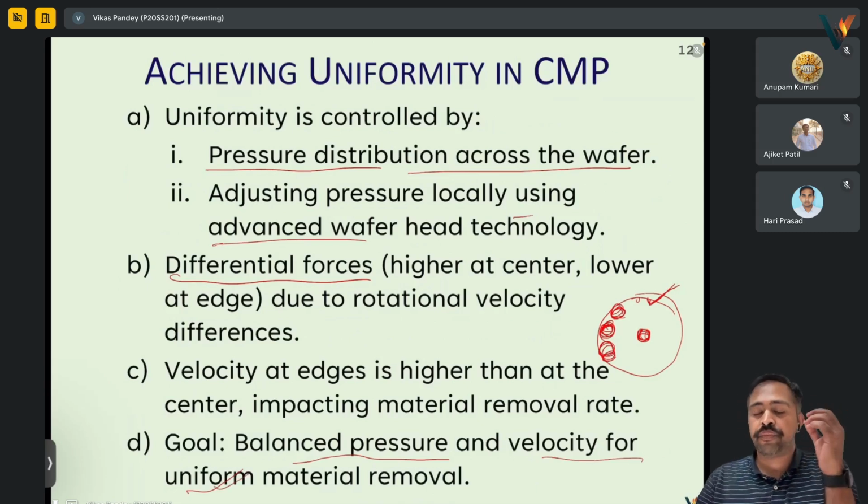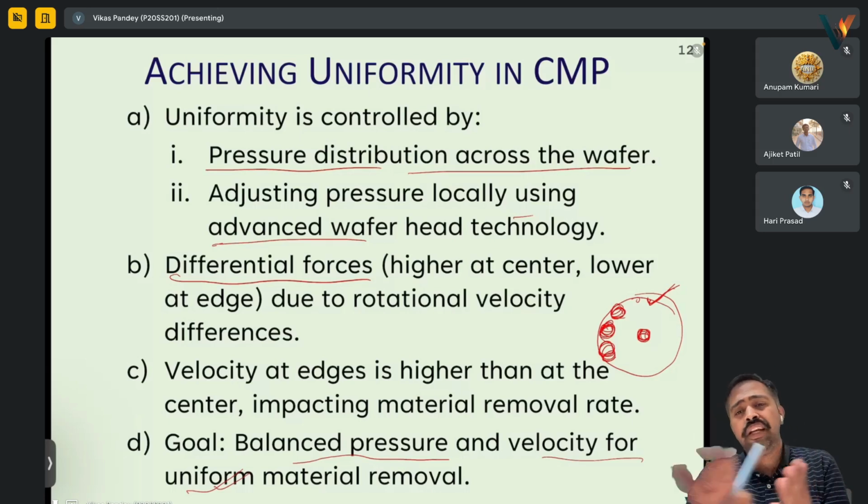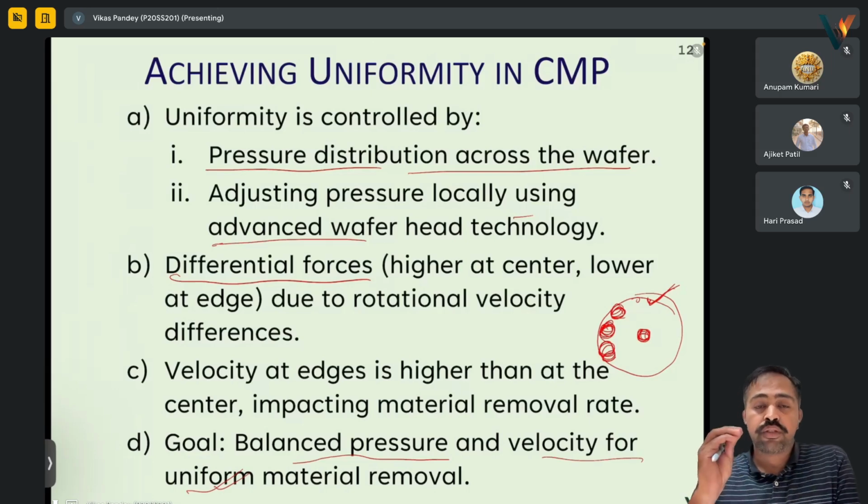We have to understand and evaluate, and then feed in the different values of pressure for different areas. So the relative speed is one thing that is controlled by the configuration of the movement between the pad and the wafer. Second is the differential force that we give to different areas of the wafer when we are doing it locally.